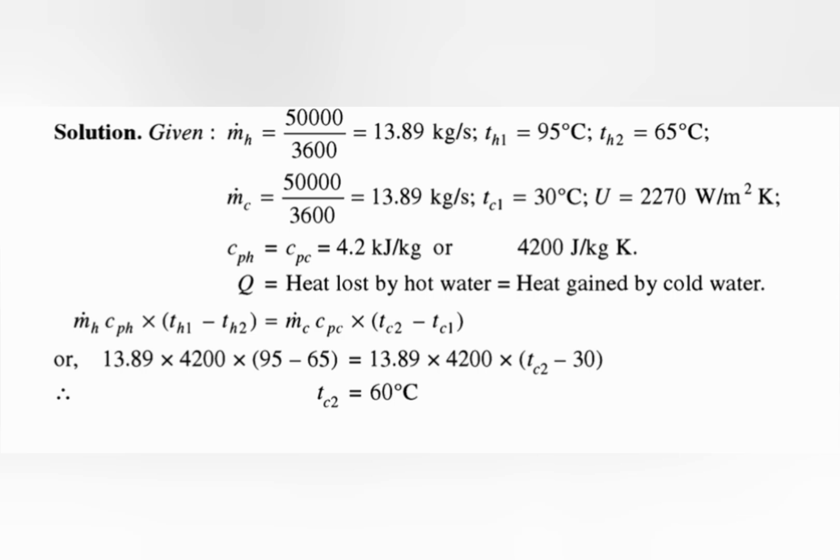The heat change due to the change in temperature is simply m Cp delta T, so mH into CpH into Th1 minus Th2. Similarly, the gain in heat in cold water is due to the rise in temperature, Tc2 minus Tc1. From there I get Tc2 as 60 degrees Celsius.